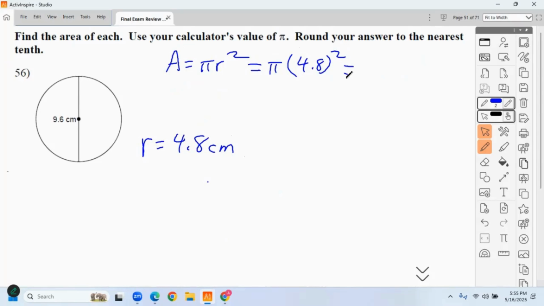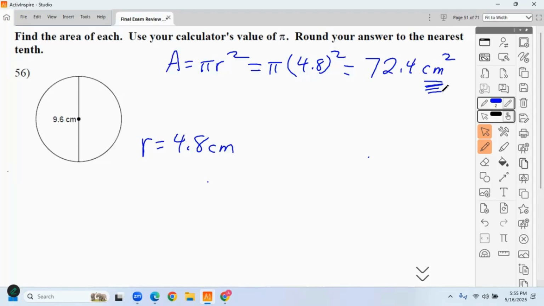Put all that in the calculator. The answer here is going to be 72.4 centimeters. Notice it's centimeters squared because it's area, right? Remember I told you when it's area, we got 2 dimensions. When it's volume, we got 3 dimensions.